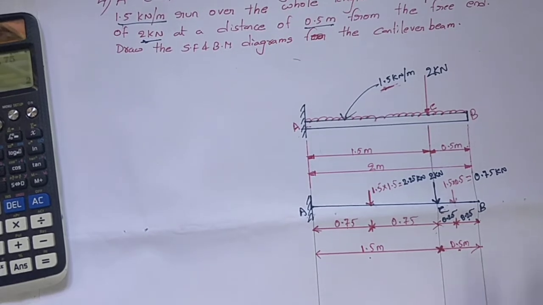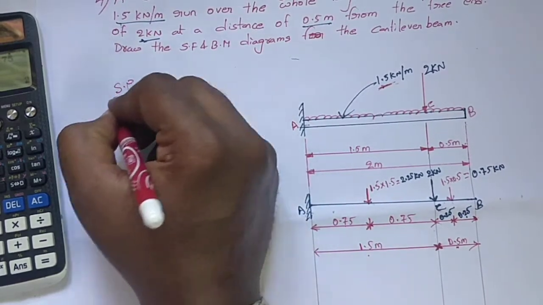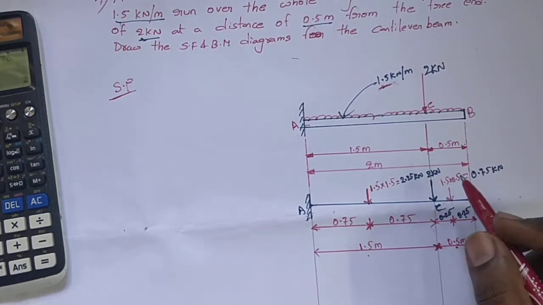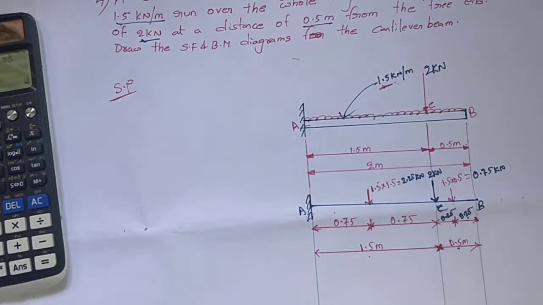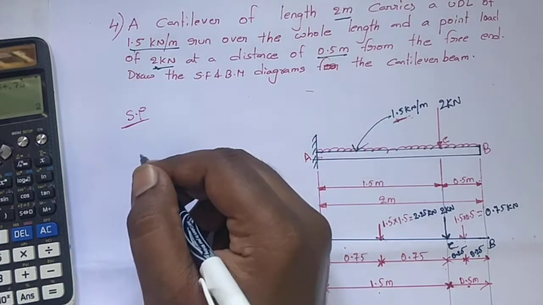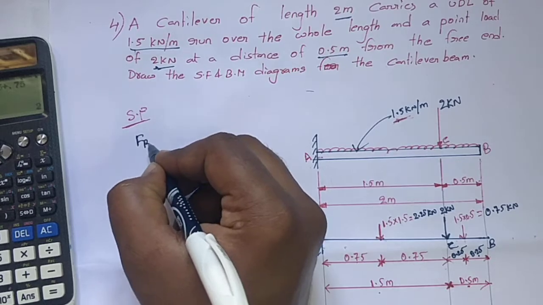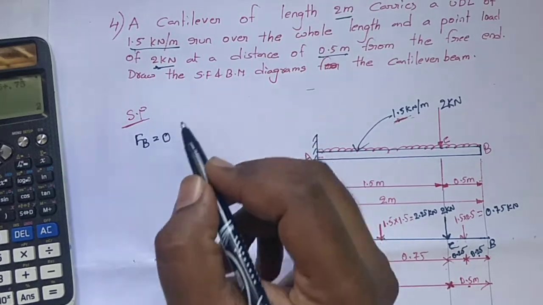First we need to calculate shear force at points A, B, C. Shear force at point B: there is no load acting at point B, so we need to calculate only one value, since before and after load is not required. So the shear force at point B is 0.